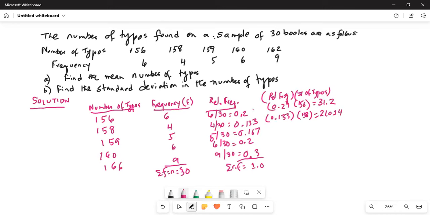So the next one will be 0.167 multiplied by 159, which is 26.553. Next one will be 0.2 times 160, which is 32. And the last one will be 0.3 times 166 number of typos, and that will be equal to 49.8.